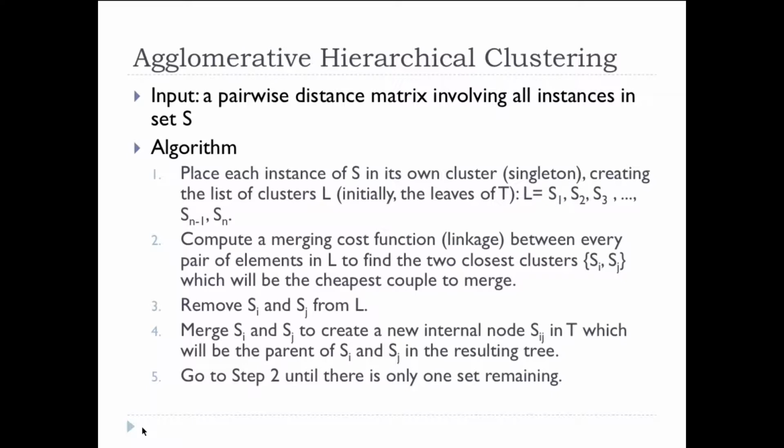Then we remove the 2 merged clusters, and so we don't have to deal with them again. Then we merge these things to create a new internal node. So we're building up the tree. And finally, we go back to step 2. Okay, so a lot of words to describe this process of taking things that are separate and merging them together.